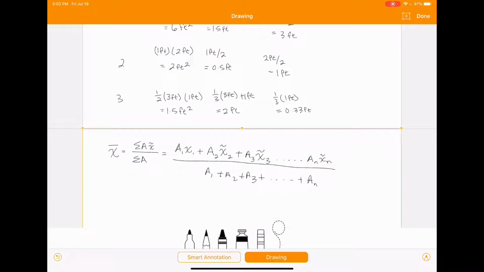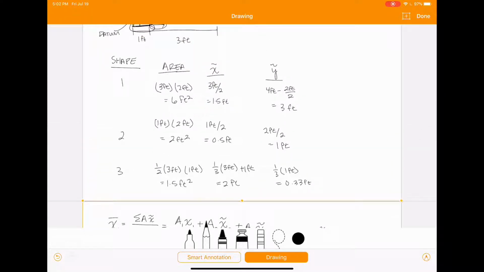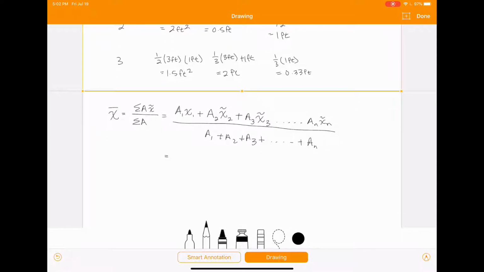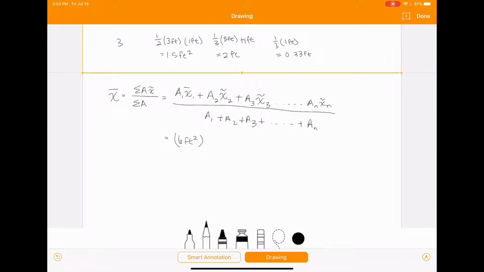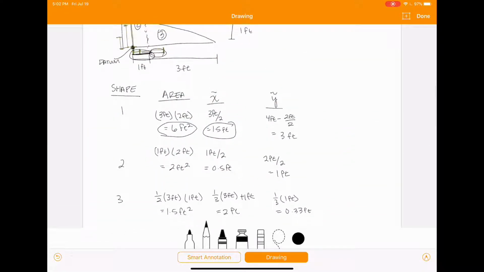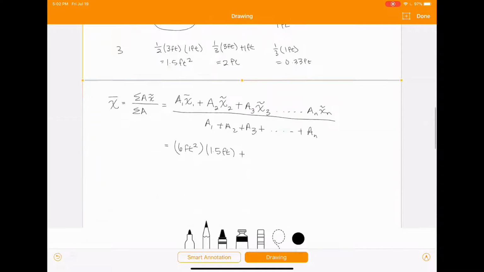So A1 is going to be 6 feet squared. X tilde 1 is going to be 1.5 feet. Plus area 2 is going to be 2 feet squared.